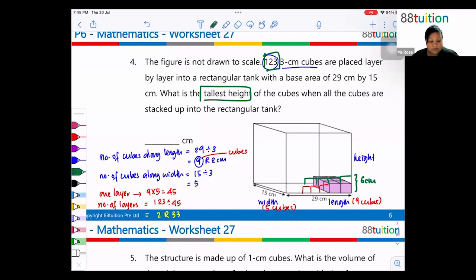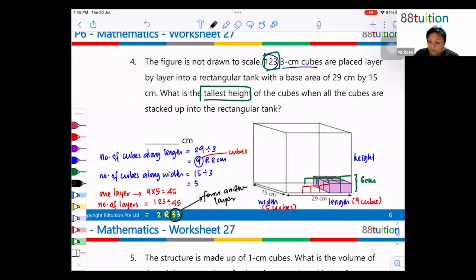Now, because of this 33, you see this 33 here? Because of this 33, you can form another layer, right? But it will not be a complete layer because a complete layer needs 45 cubes. So you will still form part of a layer.